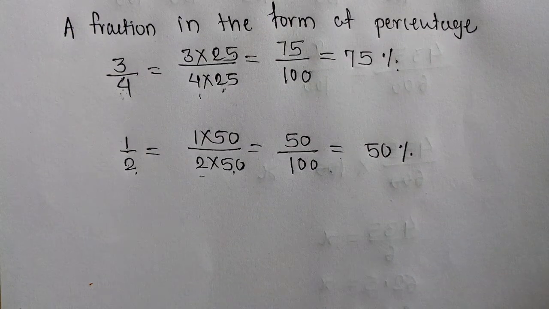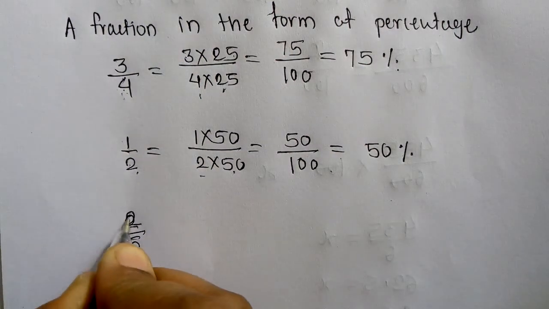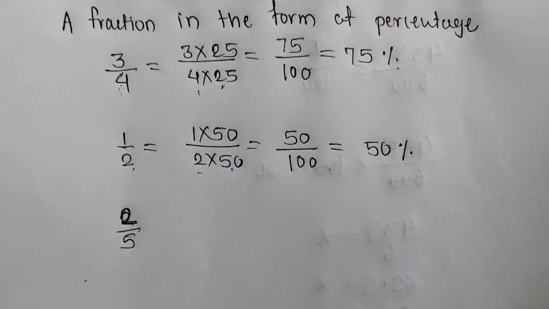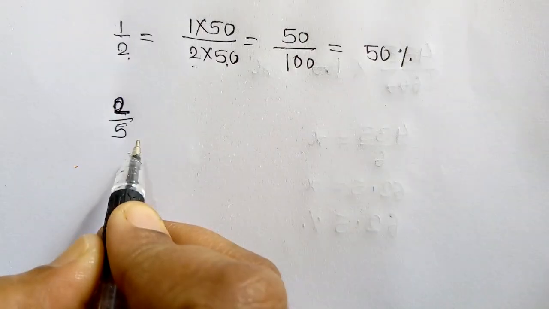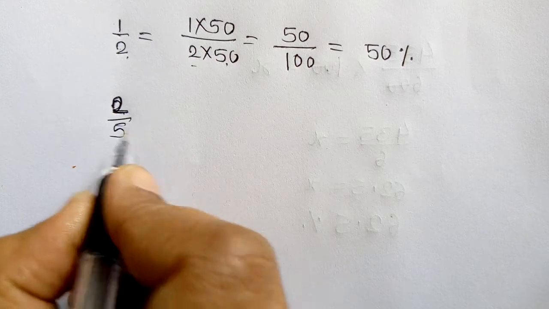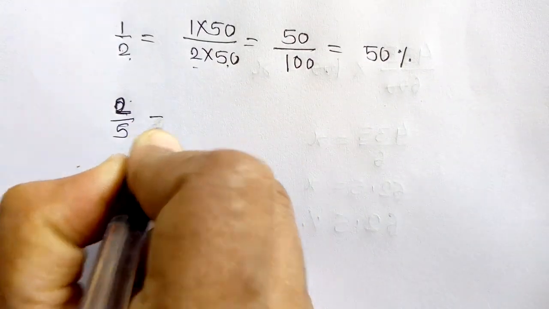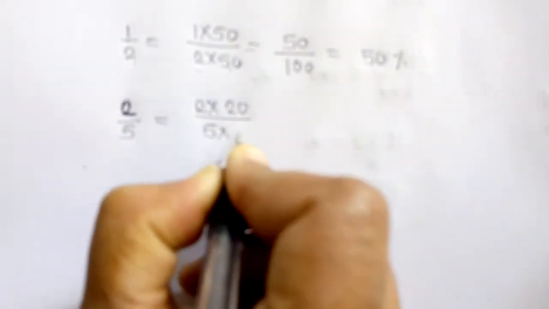Okay. See one more example, 2 upon 5. We have to convert this 2 upon 5 in the form of a percentage. So here the denominator is 5. By which number will we multiply this 5 to get 100? Yeah, 20. So the numerator also we will multiply, the denominator also we will multiply. So it will be 2 into 20 and 5 into 20.